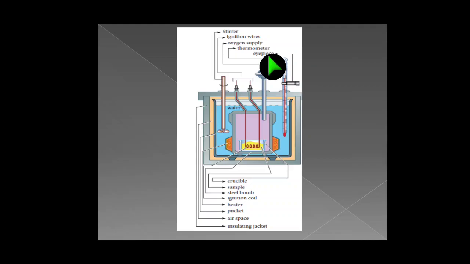Now, a weighed amount of substance is taken in a platinum cup. The substance is benzoic acid. It is connected with an electrical wire for striking an arc instantly to kindle combustion.